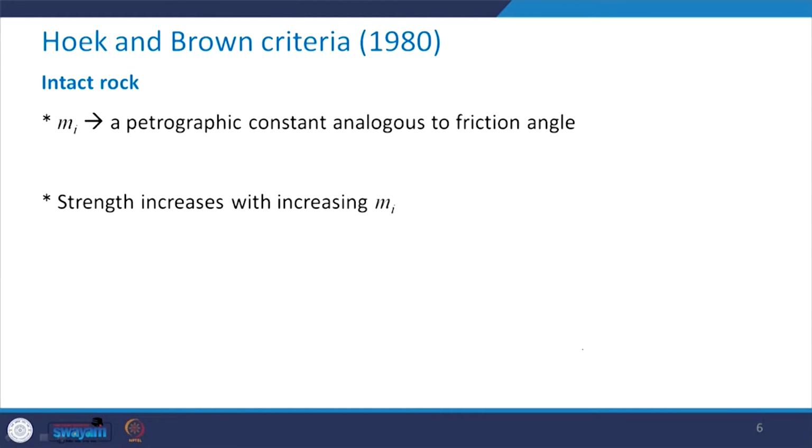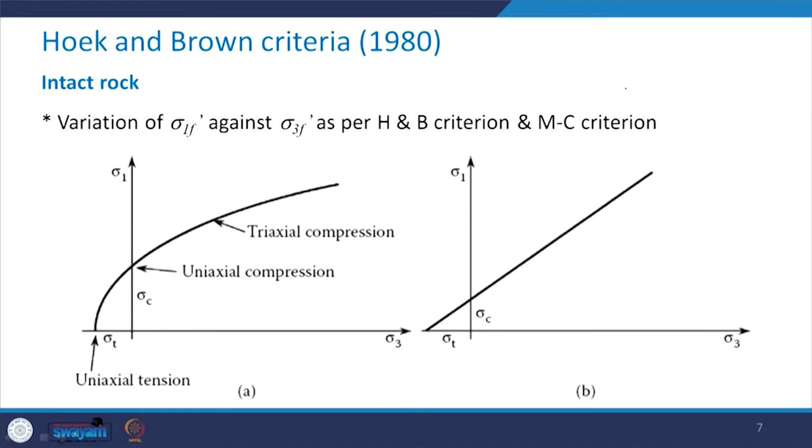So, basically this Mi is a petrographic constant which is analogous to the friction angle, and the strength increases with increasing values of Mi. For the intact rock, the variation of sigma 1f against sigma 3f as per Hoek and Brown criterion and Mohr Coulomb criterion has been shown here.